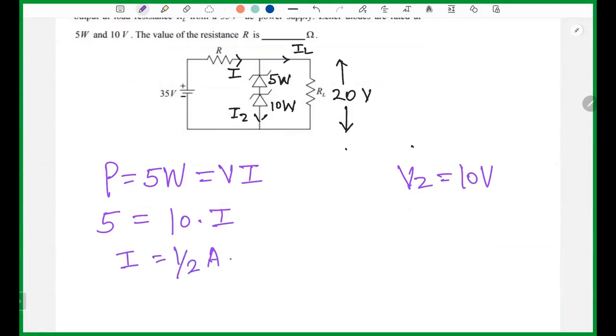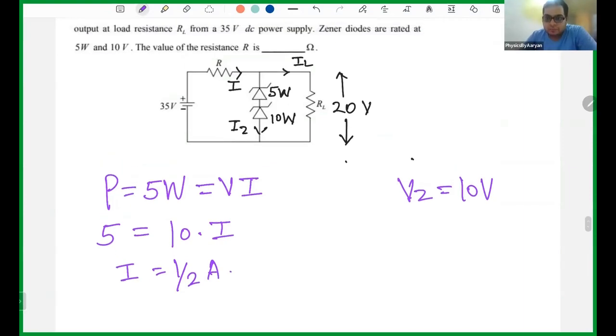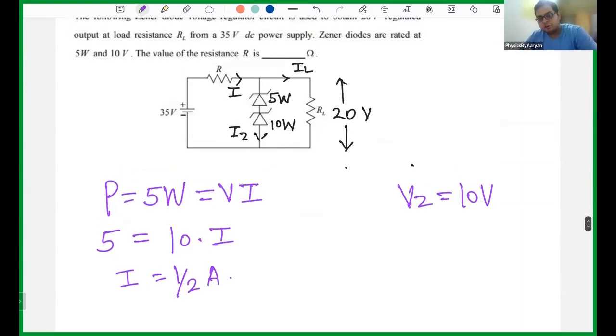Whenever a power rating is given, it means the maximum power your device can have. You cannot exceed that, otherwise your device will burn. So your power is 5, and power is voltage into current, and voltage is given as 10. So the current through the diode is half.